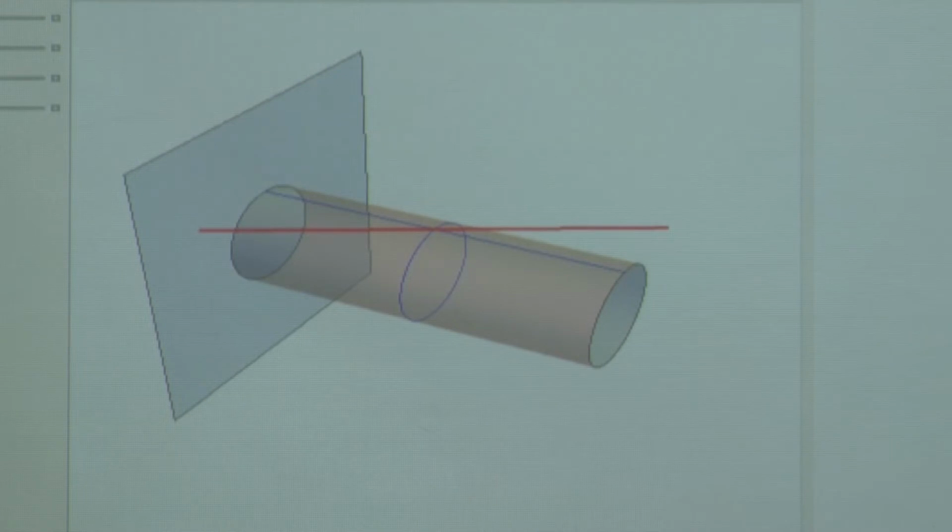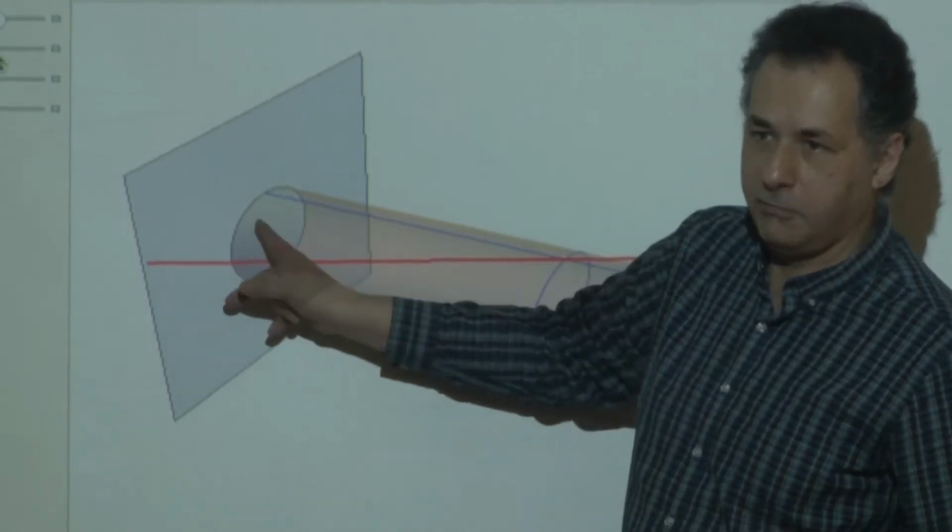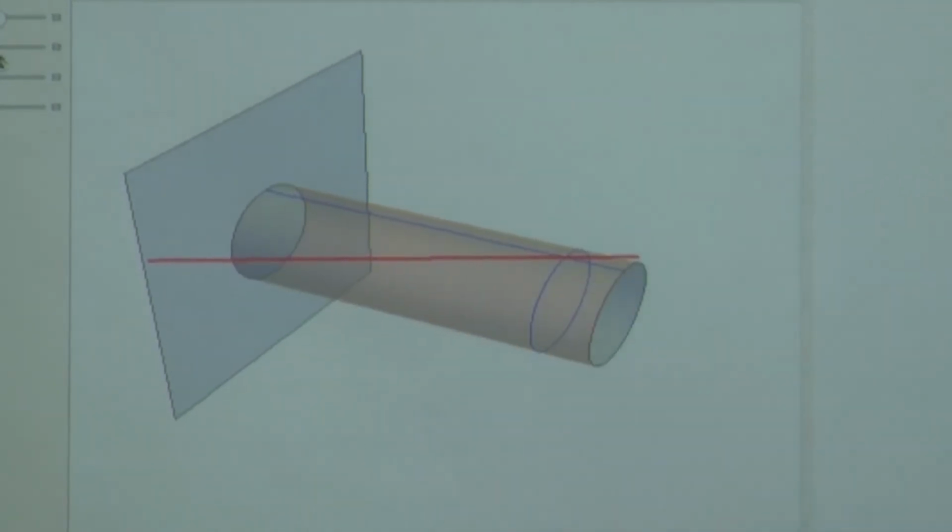But once I fix that, the rays that compose this beam are all the rays that touch the caustic at a given angle with respect to the axis. So that can happen at different angles around the cylinder, or at different values of z around there. And the ones that are going to give rise to the caustic here, as you can see, were further away from the caustic at the beginning.